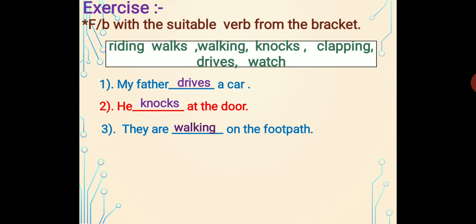Let's move on. Next sentence. We dash a movie on TV. If you are getting confused, then ask what will you do with the movie on TV? Which action? Yes, watch is the suitable verb.